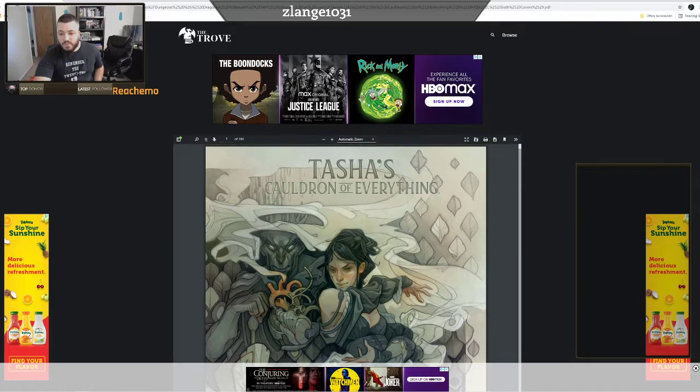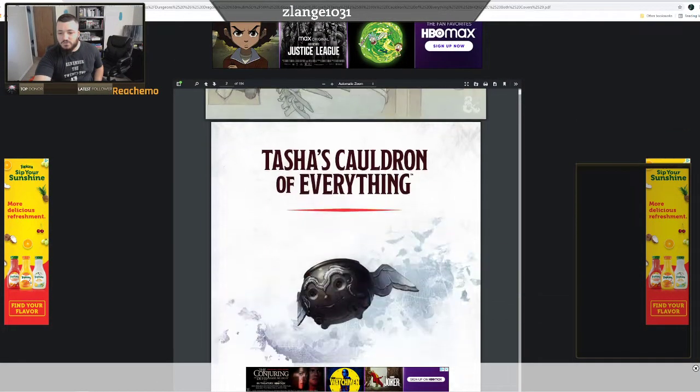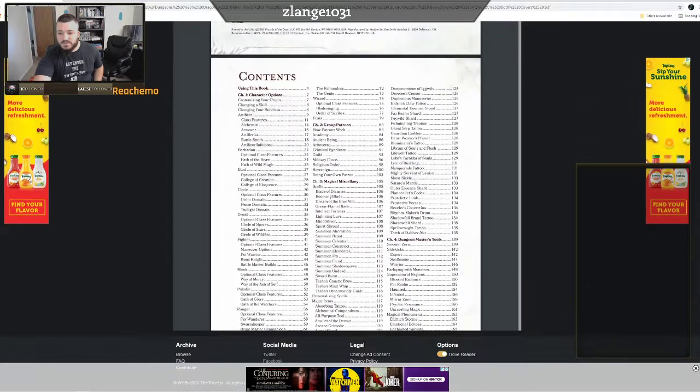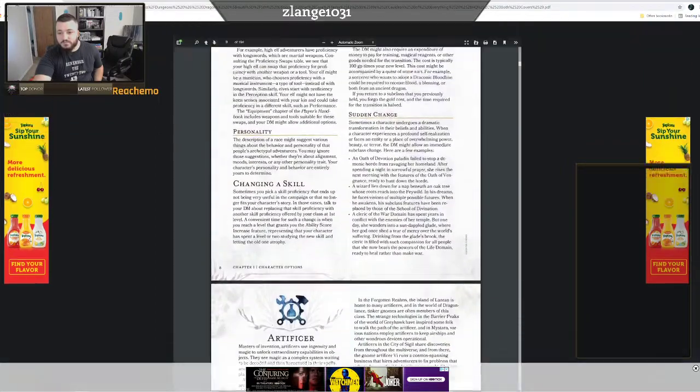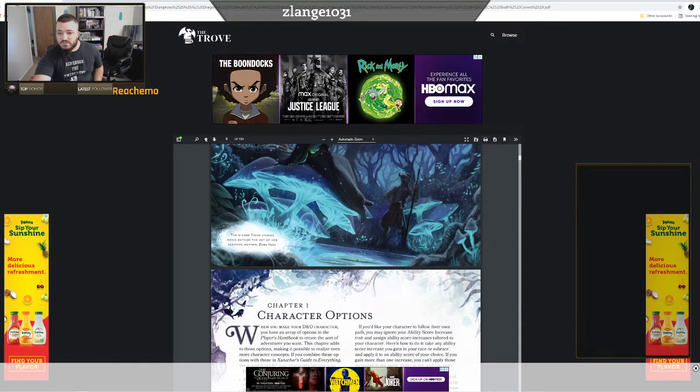It pulls up a PDF of the entire book, and even has features for printing and downloading. I haven't had any issues with downloading anything off this website.